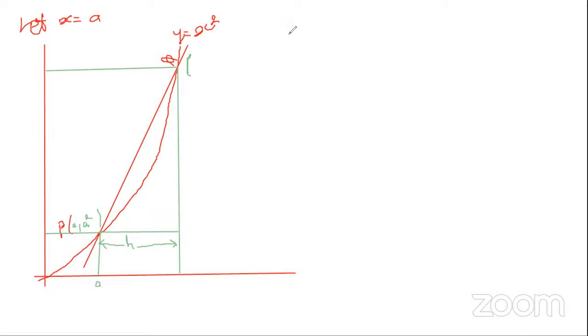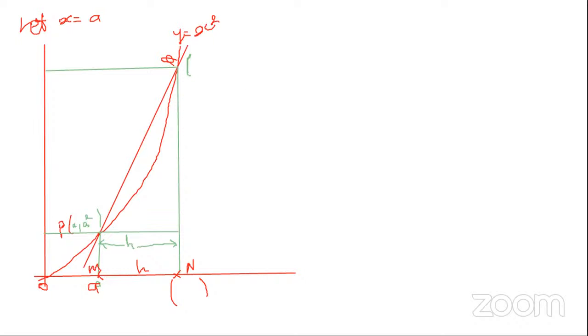Okay, let me make it a bit simpler. So if here is 0, then here we have a, and from this point up to this point, we have added h. Maybe if we call this one n, what would be the point at n?